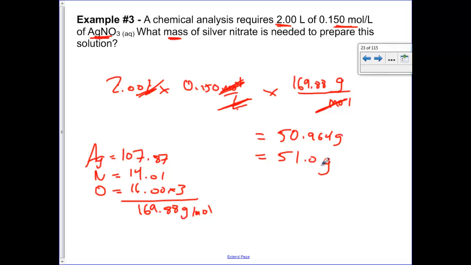It'd have to be 51.0 because you get to keep the 5, you get to keep the 0, you get to keep the 9, but the 6 would round up. Does that make sense? So then the 6 would round this up from a 9 to a 10. So then this is where the 10 is right there. That makes sense.